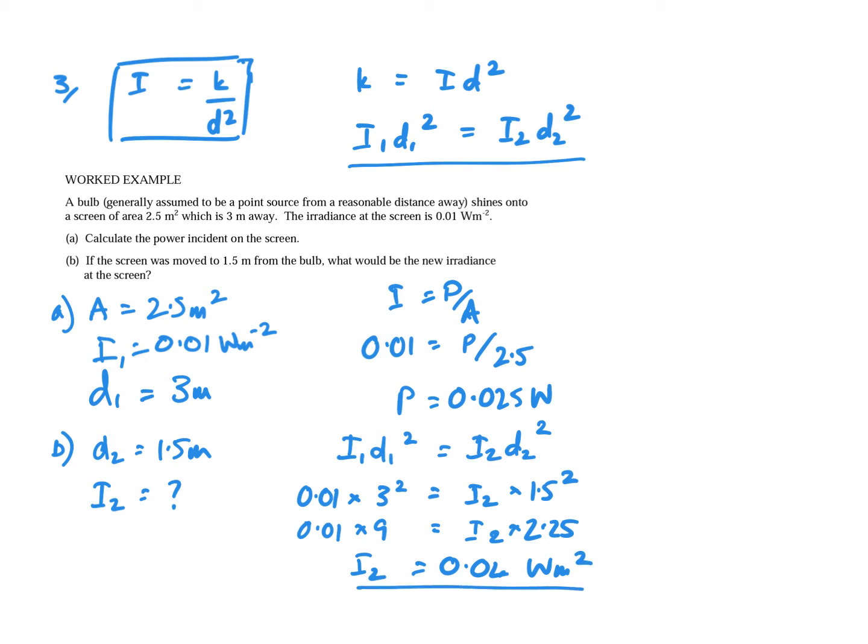Now it's worthwhile just having a quick look at those values. When we were 3 metres away, it was 0.01. When we were 1.5 metres away, so half that distance, it was 0.04. So when you halve the distance, the irradiance goes up by 4. Or the other way around, if you double the distance, the irradiance goes down by 4. That's a good example of an inverse square law.